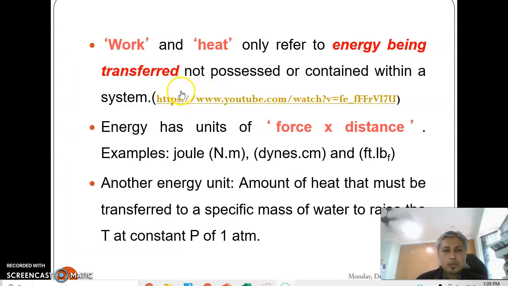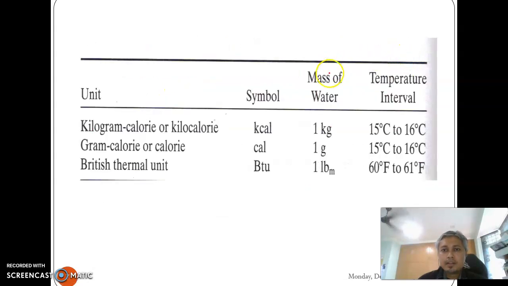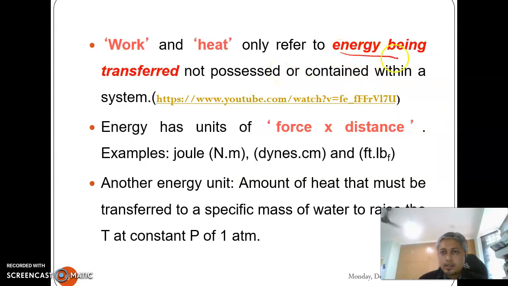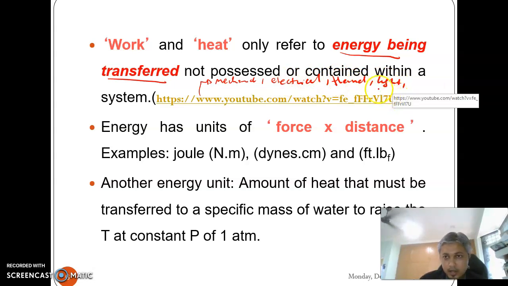So what is the conclusion? The conclusion is work and heat only refer to energy being transferred, not possessed or contained within a system. If you go to this link, it will tell you about mechanical energy, electrical, thermal, light energy from the sun, and chemical energy from our body.